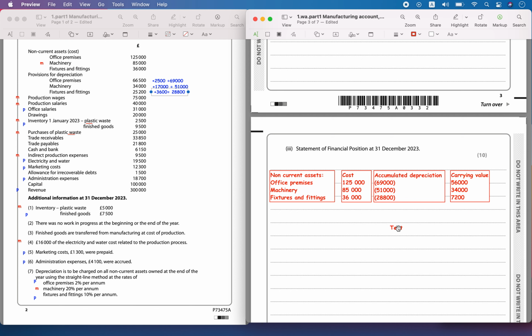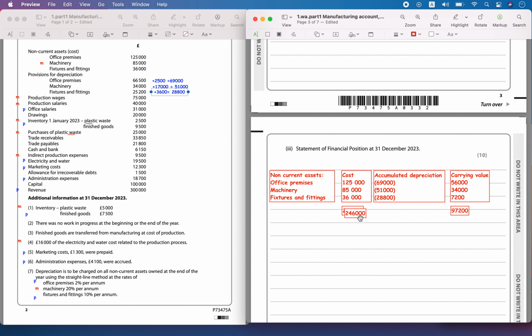Now let's add up the total of all of the carrying values. When I add up 56,000 plus 34,000 plus 7,200, it should be around 97,200. That's the carrying value of the assets. You can also add up the total cost: 125,000 plus 85,000 plus 36,000 will be around 246,000.